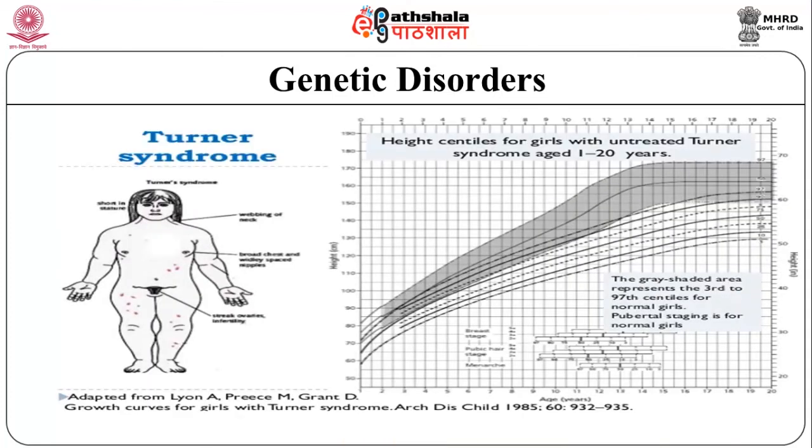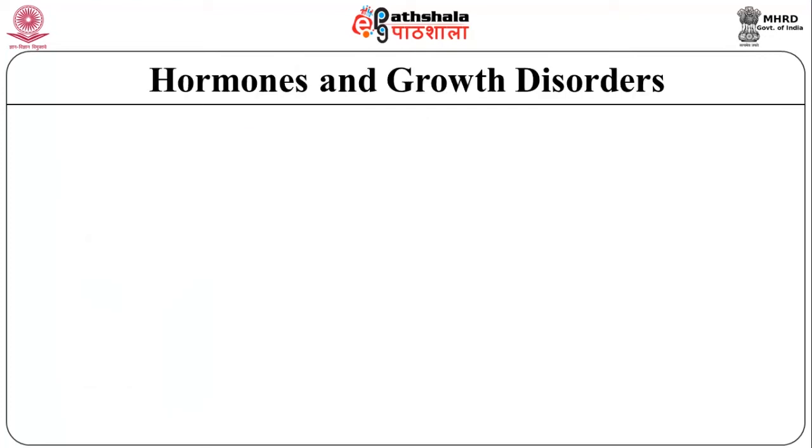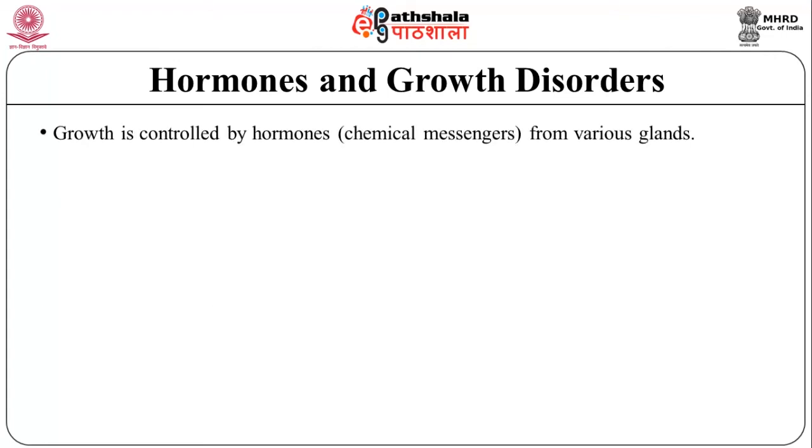The figure here shows the growth curve for girls with Turner syndrome. The height centiles for girls with untreated Turner syndrome aged 1 to 20 years show that the grey shaded area represents the 3rd to 97th centile for normal growth. Hormones and growth disorders. Growth is controlled by hormones, chemical messengers from various glands.